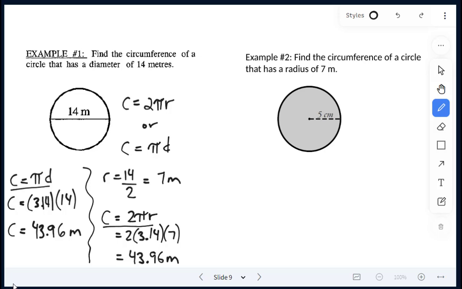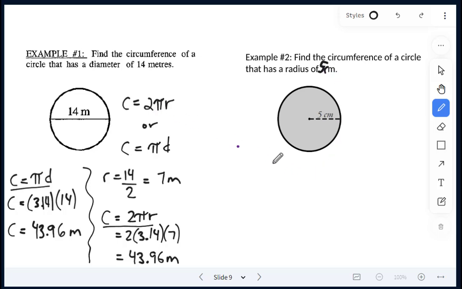All right, for example number 2, find the circumference of a circle that has a radius of, well, it says 7 meters here and it's showing 5 meters, so let's just change this to 5. That's just inaccurate. So 5 centimeters. Let's change that to centimeters.